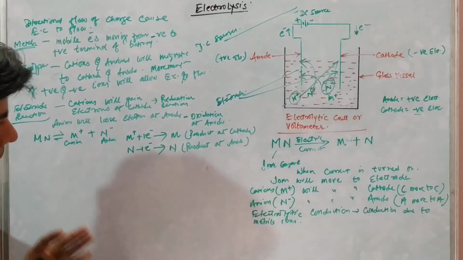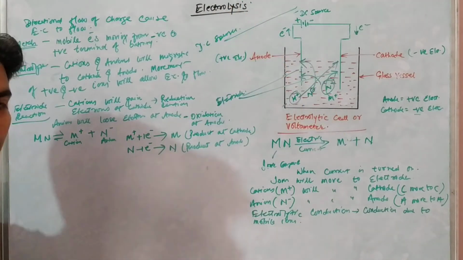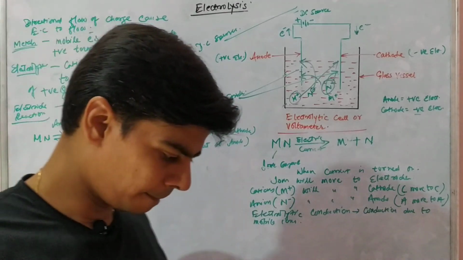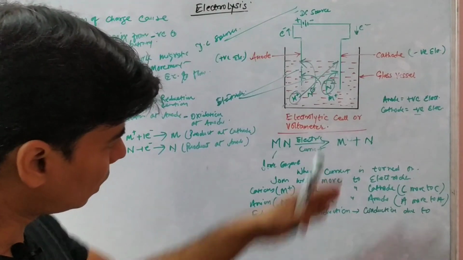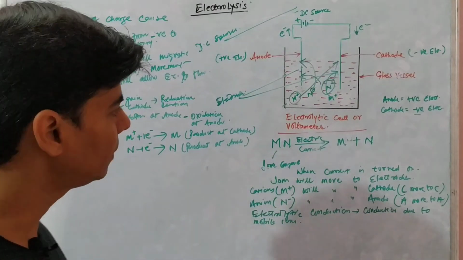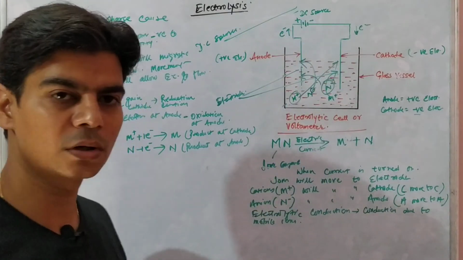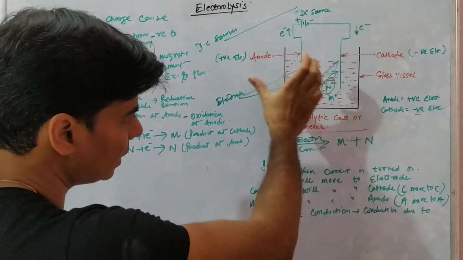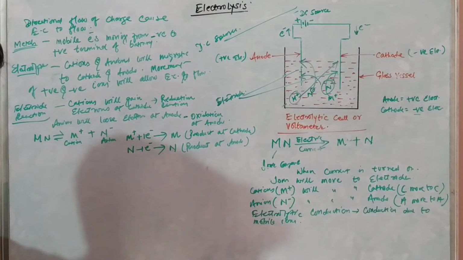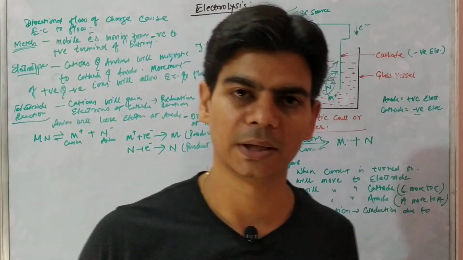So now I think it is clear how this electricity will bring about this chemical reaction, right? Now since we have understood this, I'll just tell you one thing, that before electricity was turned on, this electrolyte contains these mobile ions, right, and there was no chemical reaction taking place.